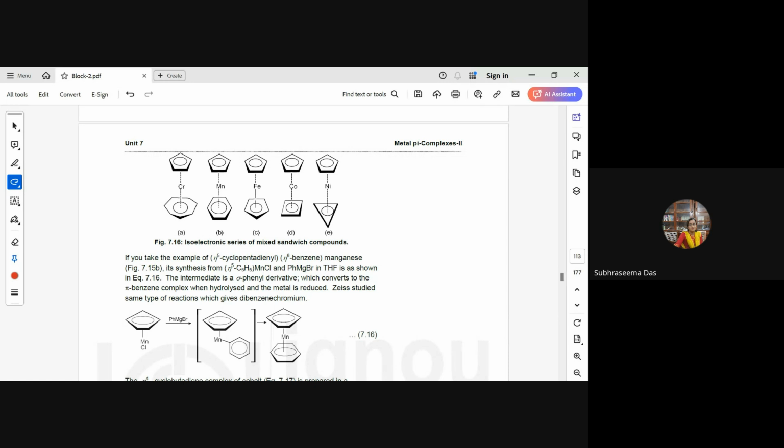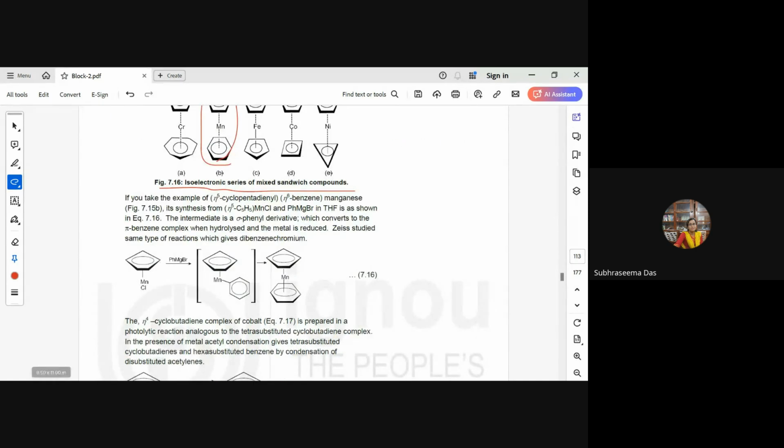In figure 7.16, an isoelectronic series of mixed sandwich compounds of metallocenes has been reported. If we take the example of cyclopentadienyl, benzene and manganese, shown in figure 7.15b, its synthesis is done from C5H5 MnCl and PhMgBr in THF, as shown in equation 7.6. The intermediate is then converted to the pi benzene complex, following which the metal is reduced.